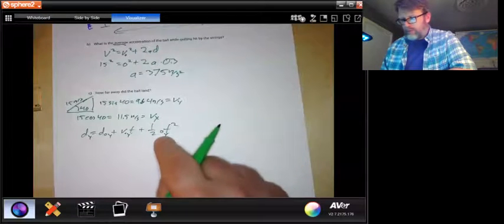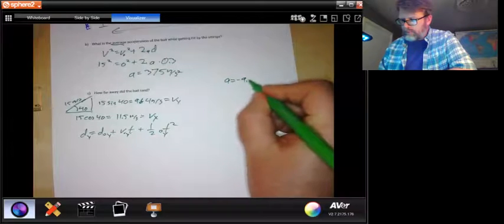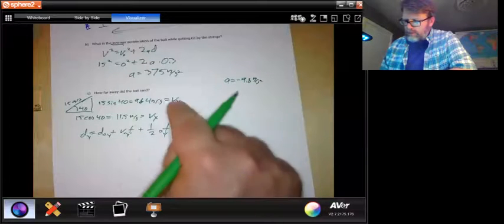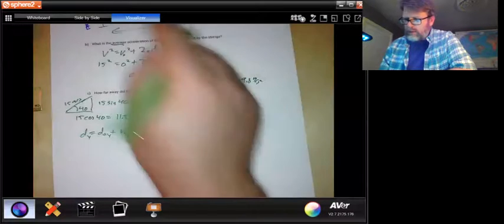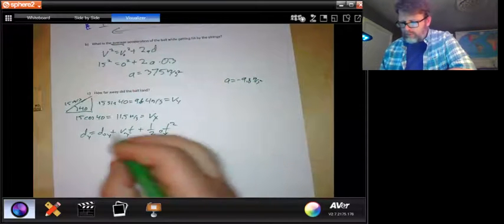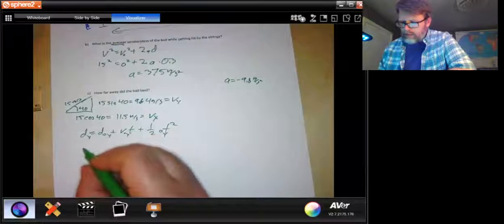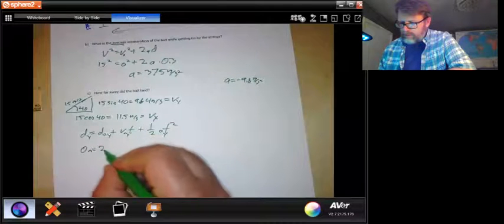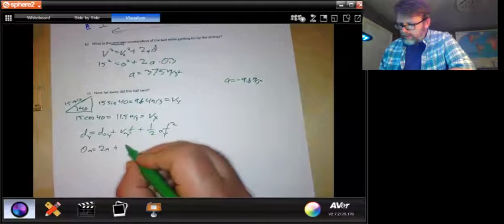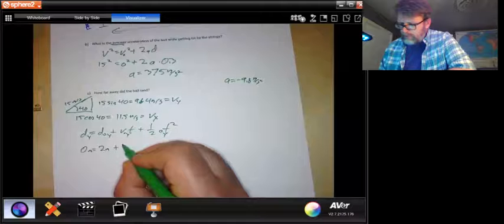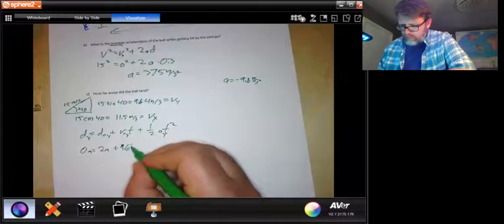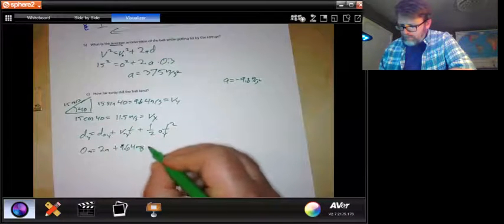So if I know my acceleration in the y, which of course is negative 9.8, then I can use my velocity in the y and my distance in the y, and I can solve for all of those. Okay, so it's going to end up on the ground, but it started a little bit in the air, and it started going fairly fast. Remember, we only want to do our velocity in the y.